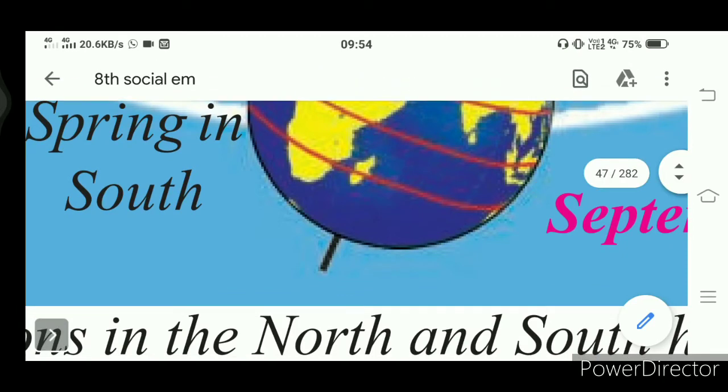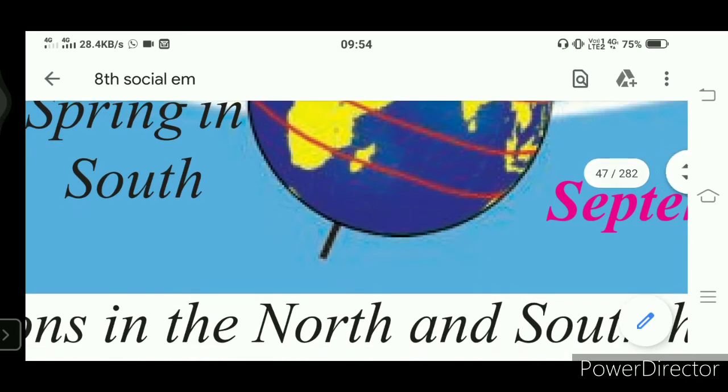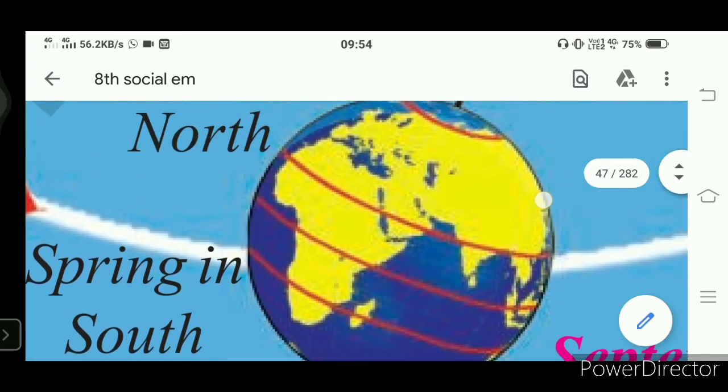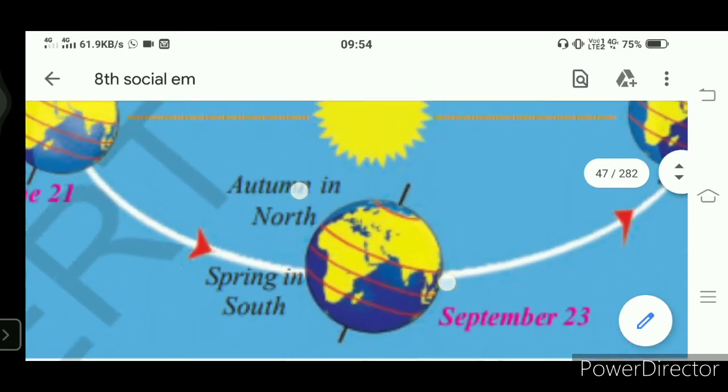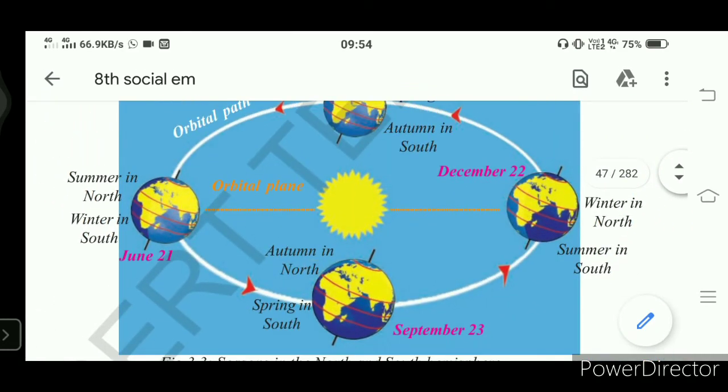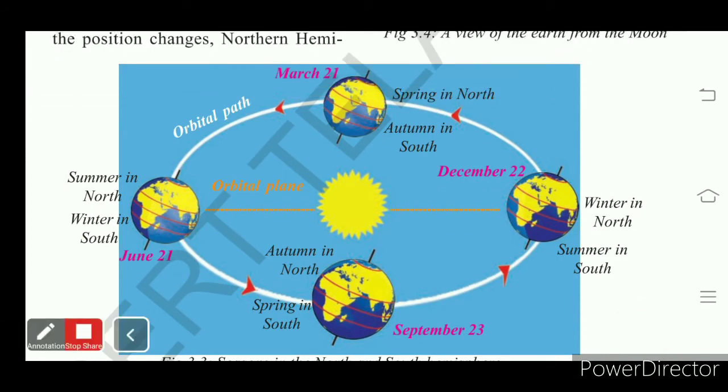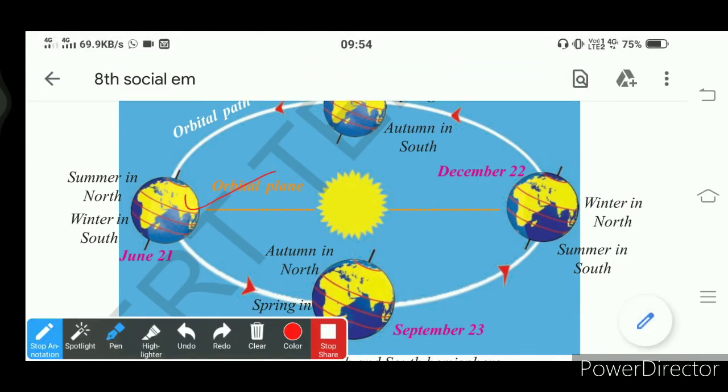So here we see that on June 21st, the sun is shining directly over the Tropic of Cancer, right? So it shines directly in the northern hemisphere.